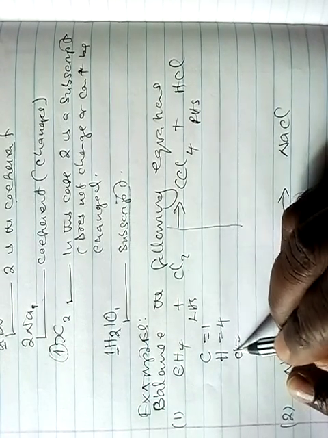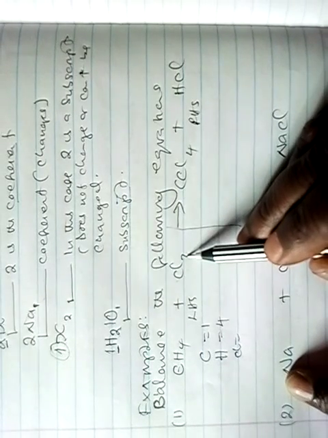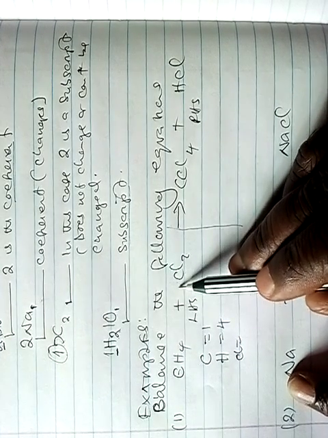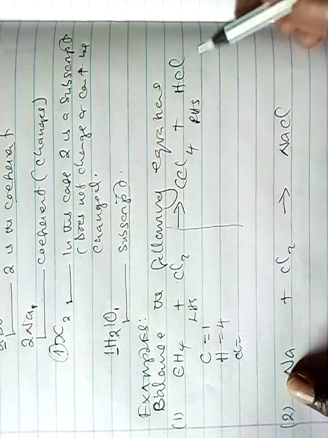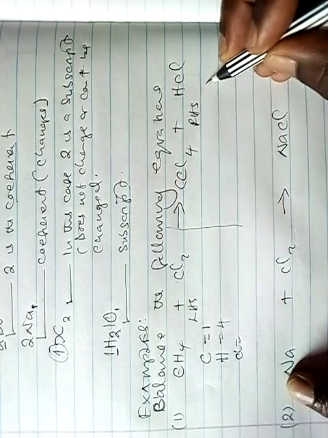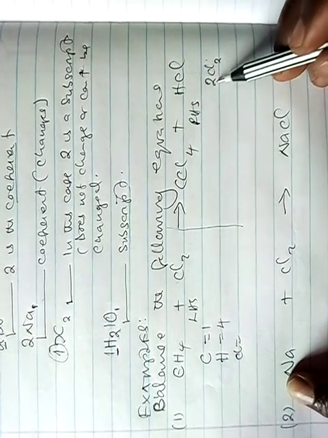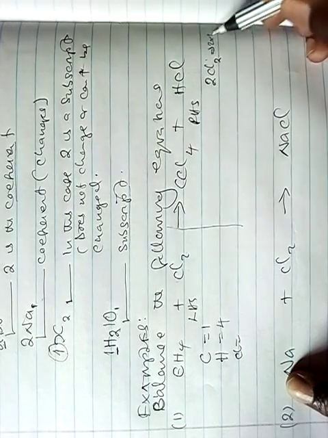Here we have coefficient 1, 1 times 2, that is 2, so the subscript is 2. If we add 2 here, we could have 4 hydrogen atoms. So what I mean is this: if we had the 2 and chloride like this, you multiply this times this, it will be 2 times 2, which will give you 4.